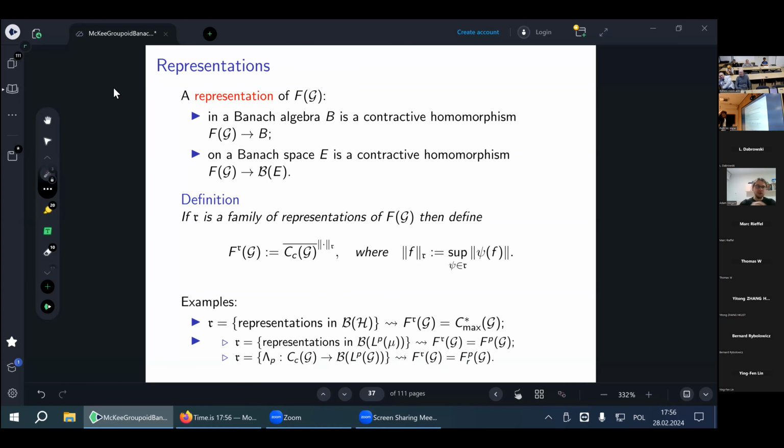In general, even for such algebras, you cannot be sure, of course. But isn't it true that every such representation is contractive? It's just a star homomorphism. Well, we're representing in Banach algebras, so they have no star. But our definition of representation is contractive in the I-norm or in the max norm. So maybe that answers your question.